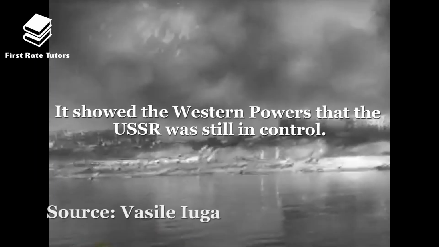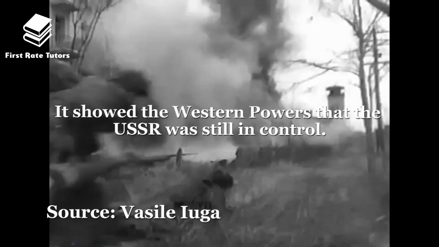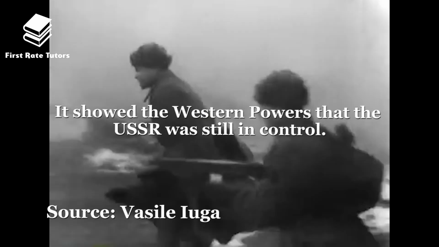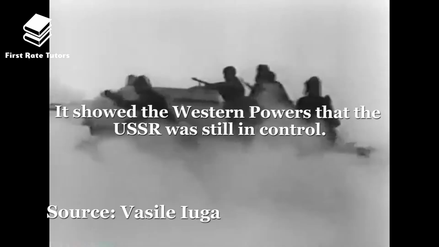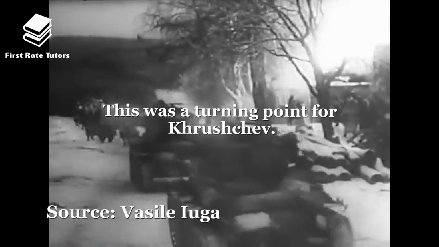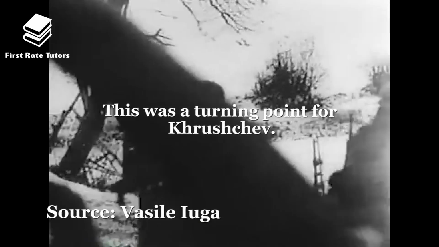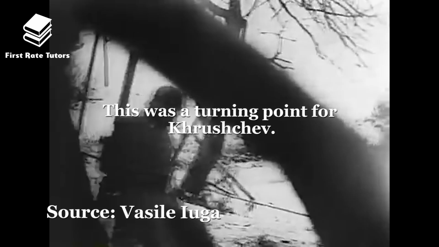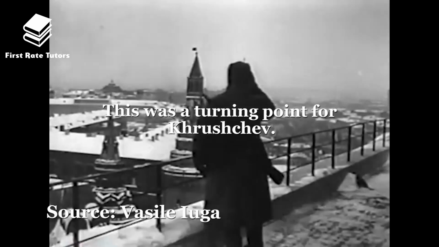So Khrushchev's brutal response to Hungary demonstrated to satellite states in Eastern Europe that disloyalty would not be tolerated. It also showed the Western powers that the USSR was still in control, and it was a turning point for Khrushchev, as his actions reasserted his authority over the satellite states and destroyed any illusions in the West that his leadership signified a thaw in the Cold War.